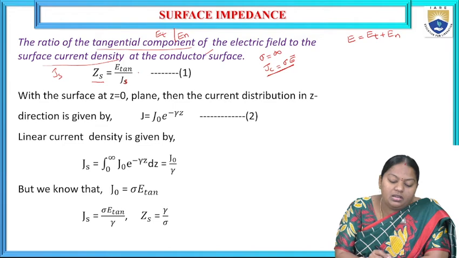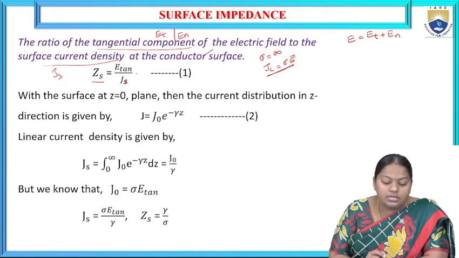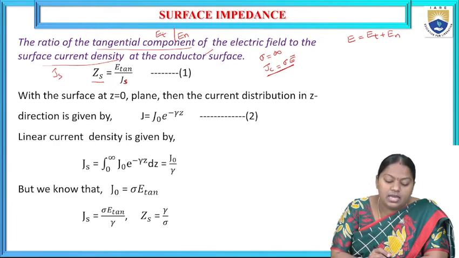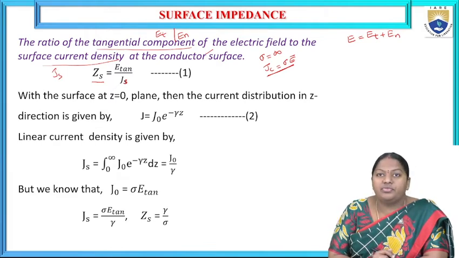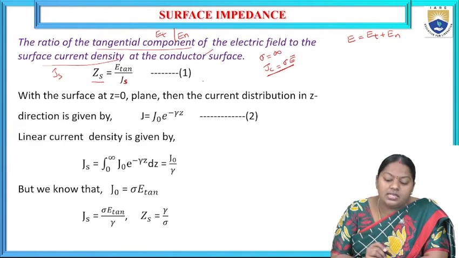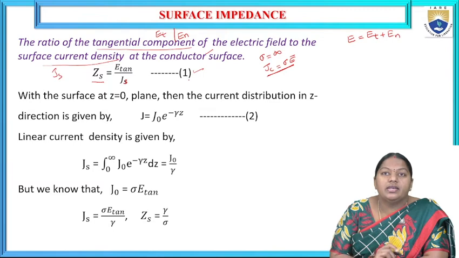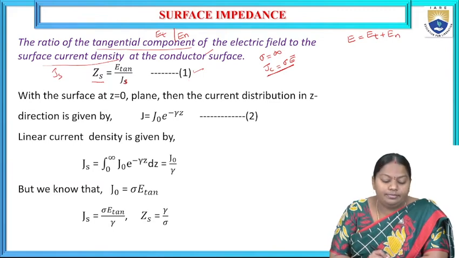Mathematically, Zs is equal to E tan by Js, where E tan is the tangential component of the electric field intensity and Js is the surface current density. To derive the relation between the surface impedance and intrinsic impedance, we consider this as the first fundamental equation, equation number 1.